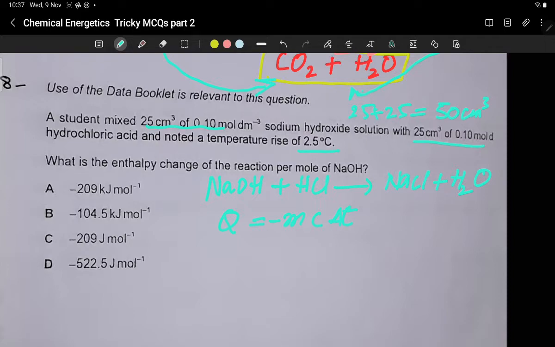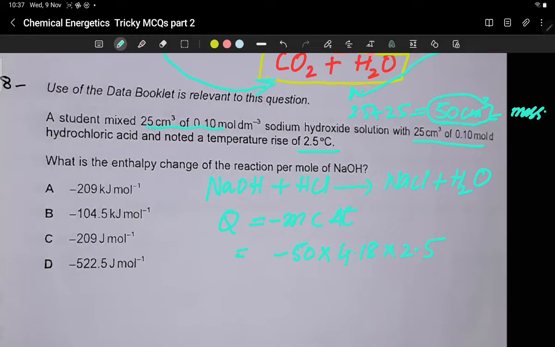So this is the total volume, and the total volume is equal to mass, 50. Specific heat capacity is 4.18 or 4.2, you can take, into 2.5.